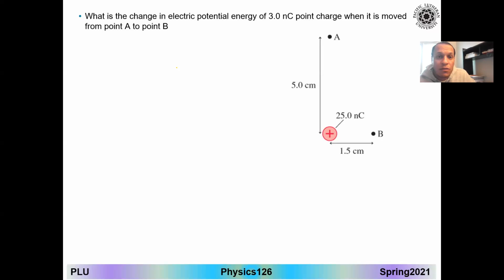Basically, we are asked to find delta U between A and B, the electrical potential energy for the 3 nanocoulomb charge. So delta U is the same formula, Q times delta V AB.